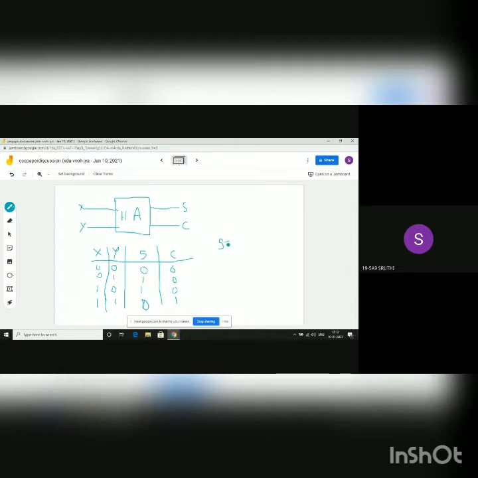Sum can be represented as, since we have 1 at two terms, x bar y plus x y bar, and for the carry we have only one expression which gives the output as 1, that is x y.